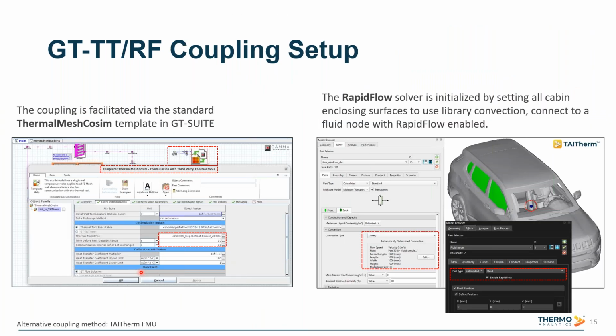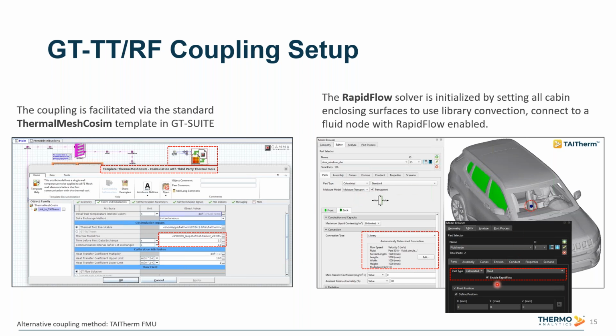Before I do that accuracy comparison, first a few notes on how we can set up this coupling. If you're familiar with the standard GT TAITherm cabin co-simulation, we're using that same thermal mesh co-sim template to facilitate the coupling. Basically, we just need to point to a thermal model and define a coupling interval. On the TAITherm side, to initialize the rapid flow solution in the cabin, we just need to create a fluid node. You can see that here.